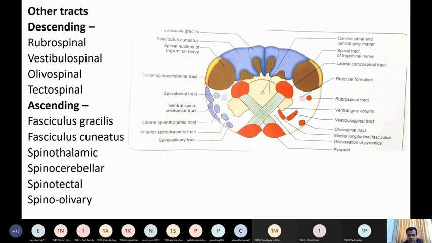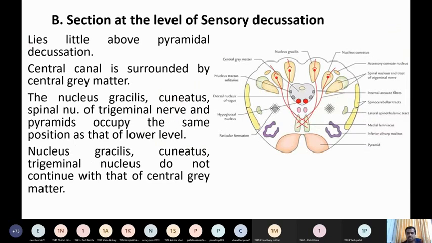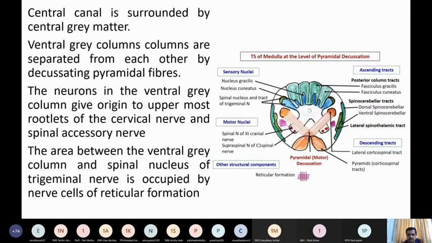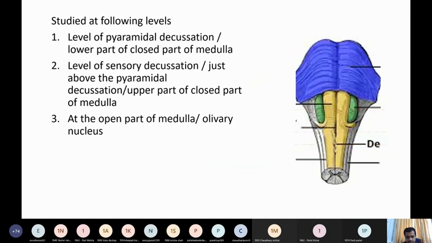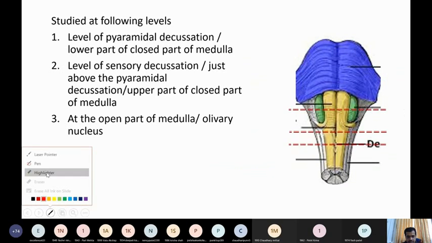Is it clear? So let us have the section at the level of the sensory decussation. Earlier we saw the first level, the section at this level.